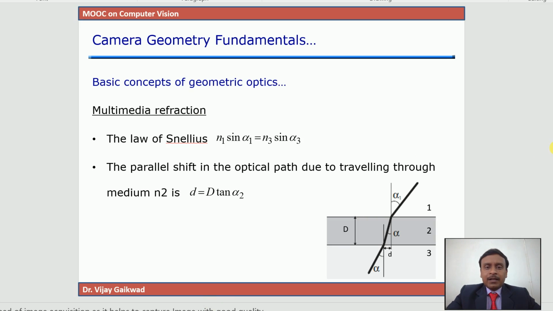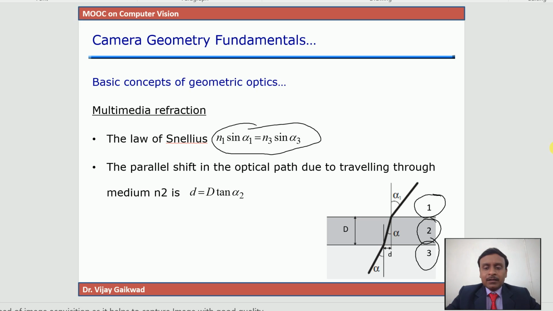When light enters from one medium to another medium, we follow the principles of multimedia refraction. Snell's law then becomes n1 sin alpha 1 equal to n3 sin alpha 3, where medium 1 is the one where the light enters, medium 2 is the medium through which light is traveling, and alpha is the angle made by the ray, while medium 3 is where the light exits and the angle made is alpha 3.